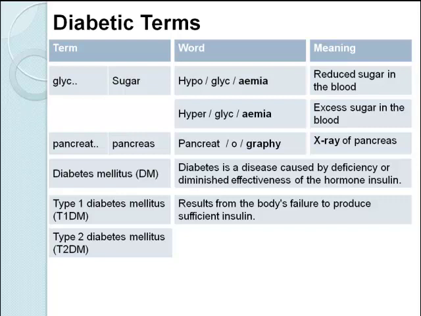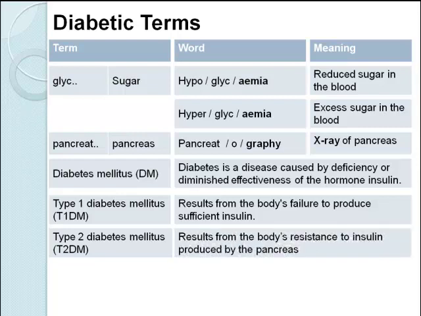A very common type of diabetes is known as type 2 diabetes mellitus, and this is a result of the body's resistance to insulin produced by the pancreas. A patient with type 2 diabetes can be treated by regulating their diet, by taking oral hypoglycemic medicines, which help reduce the intake of the sugar.